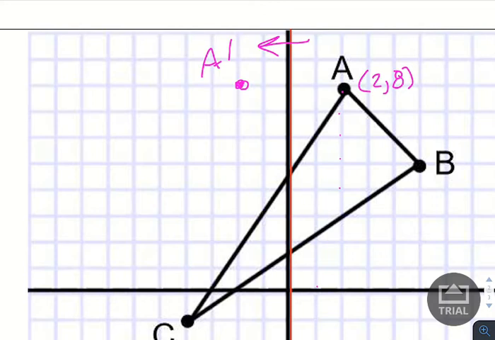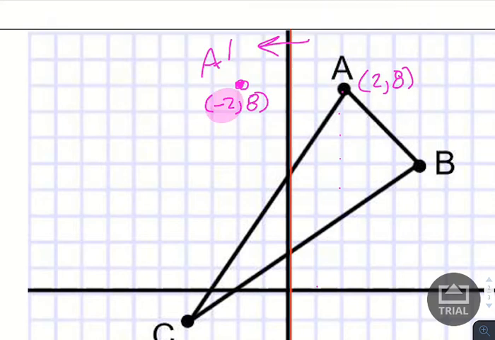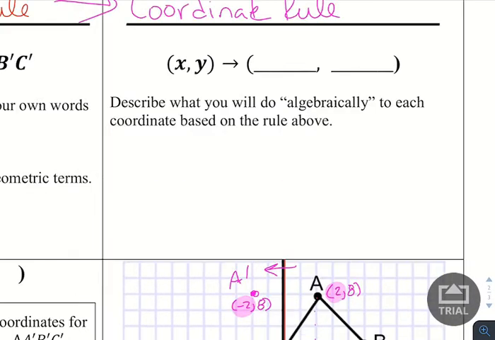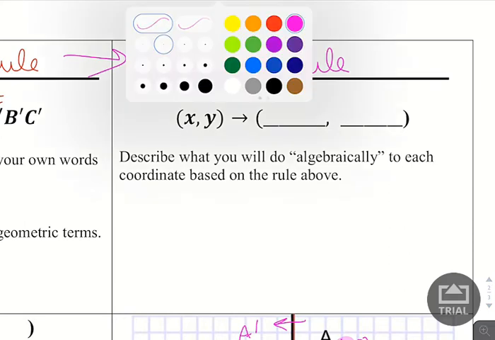And that's going to help define our rule, because if all that's changing is the x value and the y stays the same, that means our coordinate rule for y-axis movement is to take the x value and change it, and keep the y value the same. It's important to note in this context that all that actually means is change the sign.